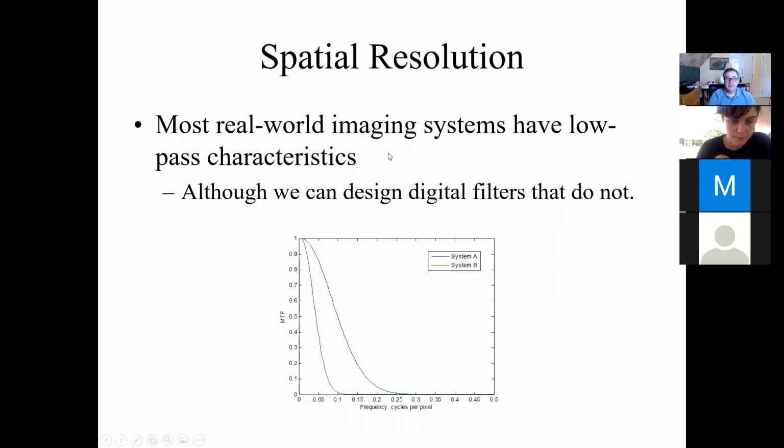Okay, so I should point out that in general, a real world imaging system will tend to act like a low pass filter. In other words, it's going to have better response at lower frequencies and worse response at higher frequencies. And so they will tend to have MTFs that look like this because of physical limitations and other things. Again, I say most, just to qualify it.